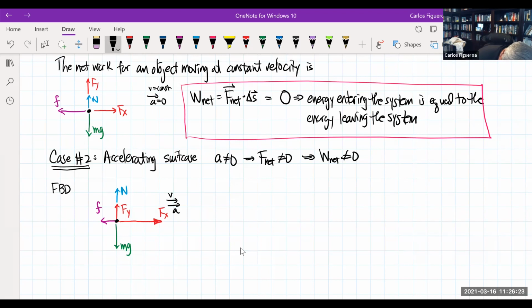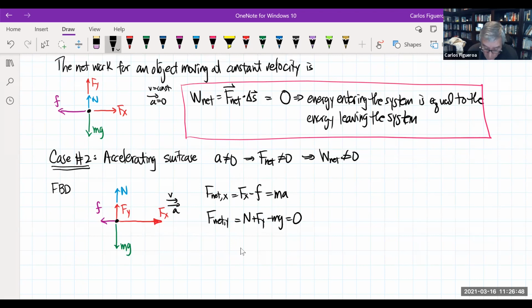When I look at the forces here, the net force in the x direction is equal to F of x minus f, and that equals mass times acceleration, whereas the net force in the y direction is 0.